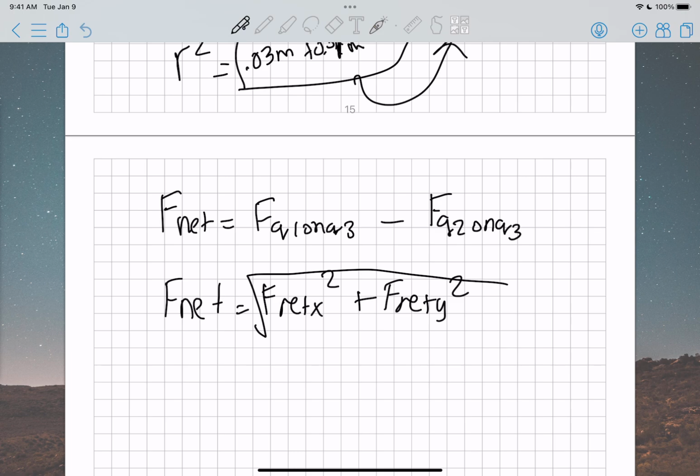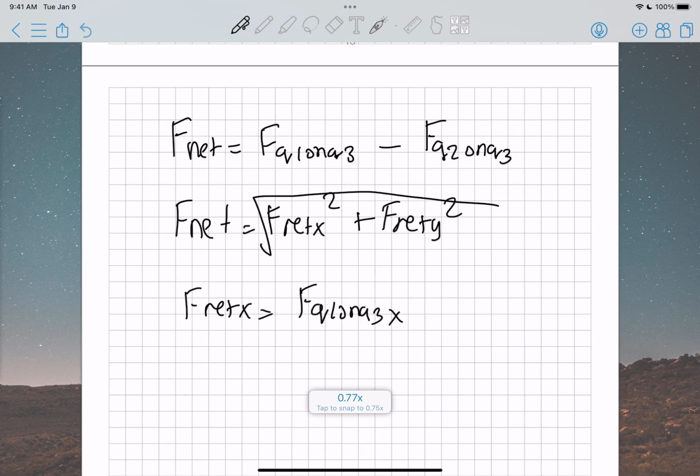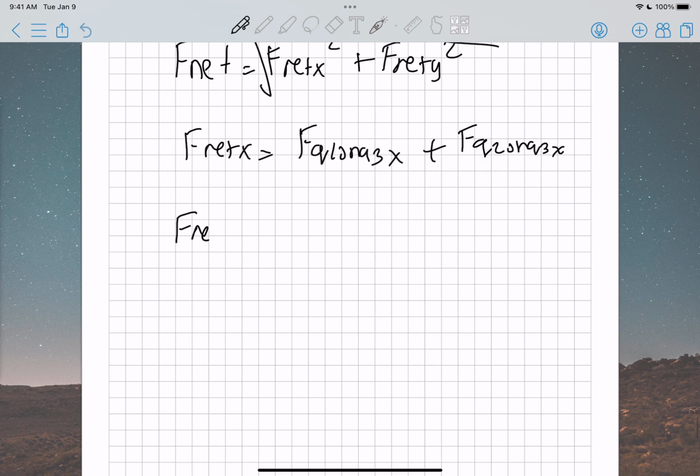Well, what is F net x? F net x will be made up of F Q1 on Q3 x, and then either added or subtracted to F Q2 on Q3 x, the x components of both. And same thing for the y: F Q1 on Q3 y plus or minus, we don't know yet, F Q2 on Q3 y.